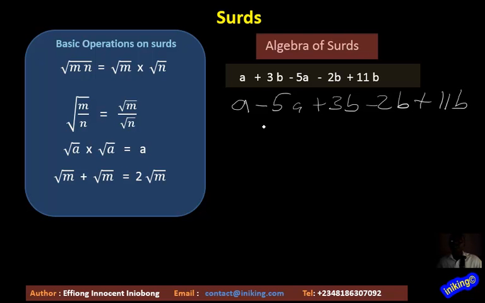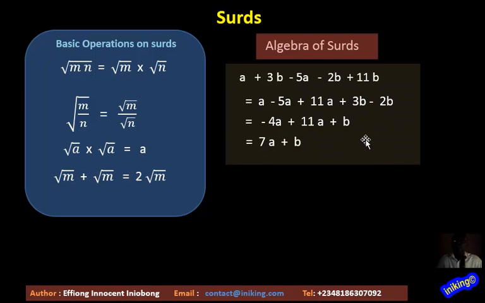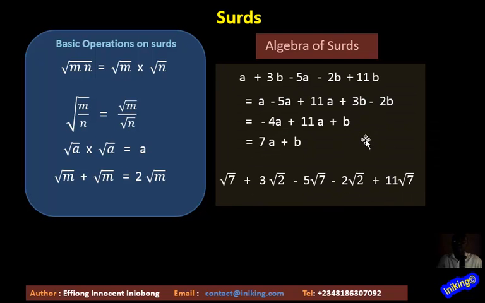A minus 5a is minus 4a. 3b minus 2b is b plus 11b. That will give us 12b. We're going to apply this in our basic surd operations. As you've seen there, root m plus root m can give us 2 root m. So that's it there.